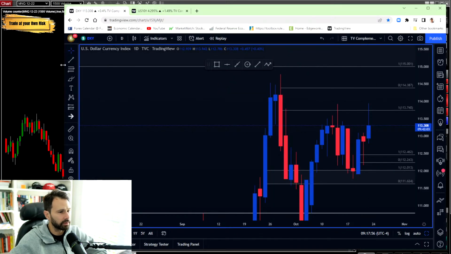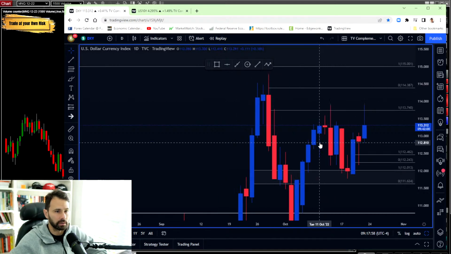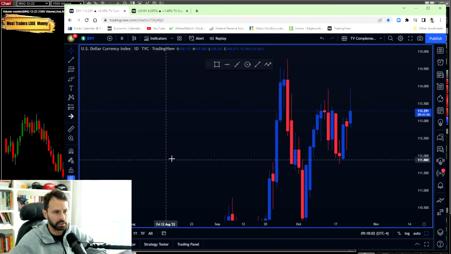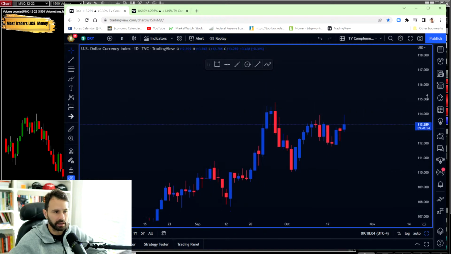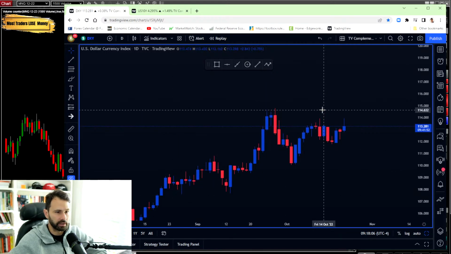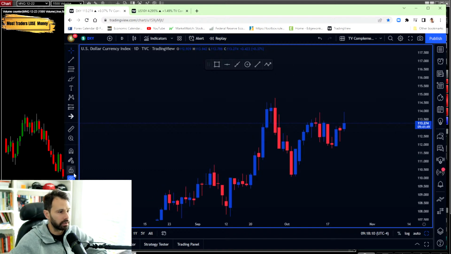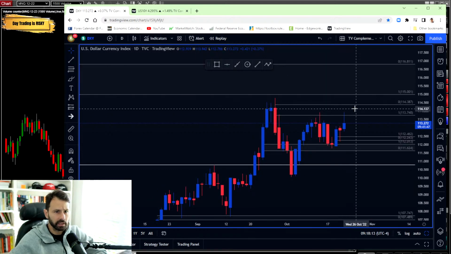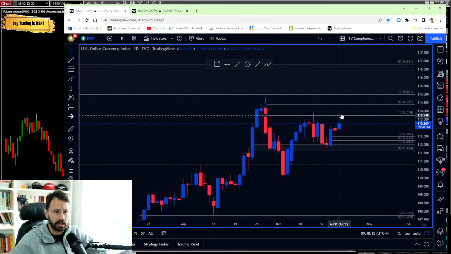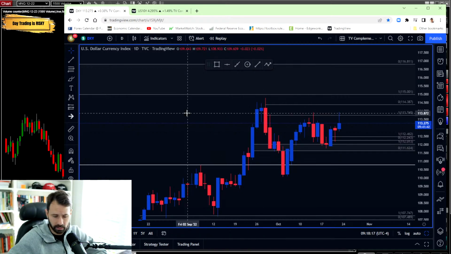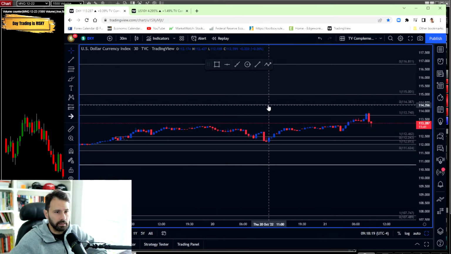But what is moving the markets today is not only the dollar. The dollar has some supply here. This is the daily chart, very bullish, for the entire year. Today, it came to the supply and it's retracing a little bit.